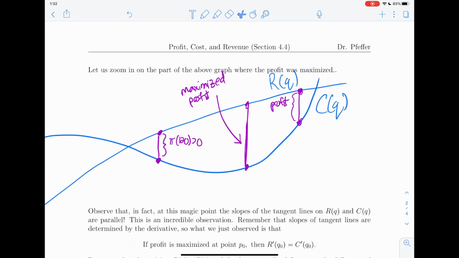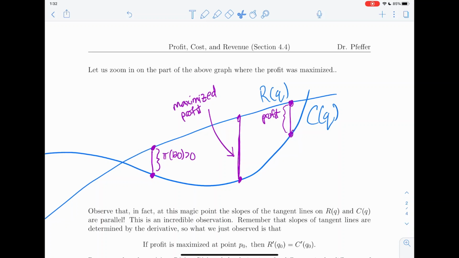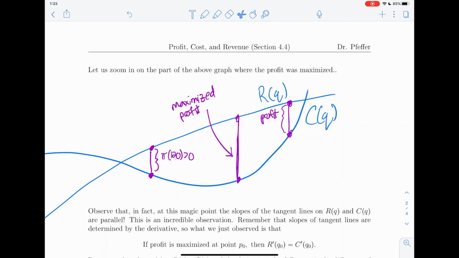Make it a little bit bigger. And here we are. Now, if we erase, oh, don't want to do that. We'll keep that stuff to the left. So what we've done is we've zoomed in on the part of the graph where the profit was maximized.